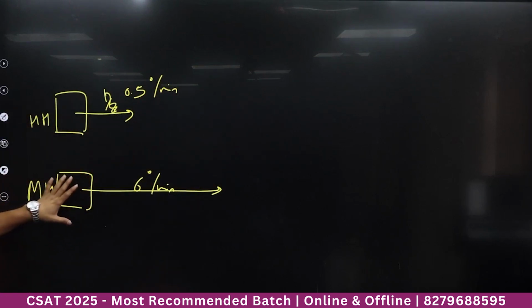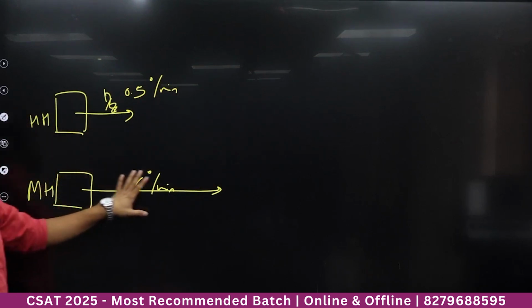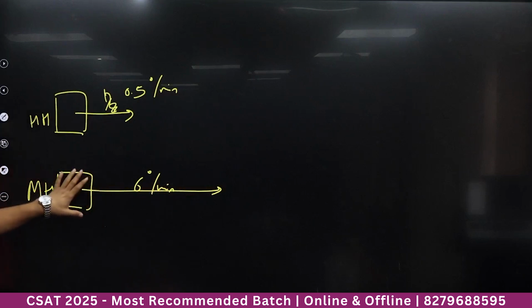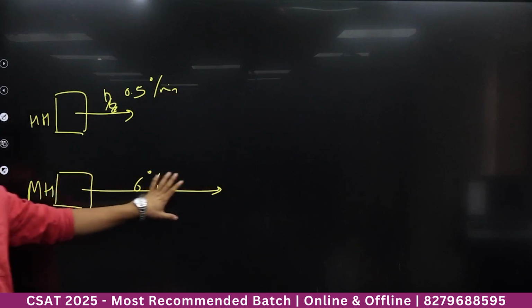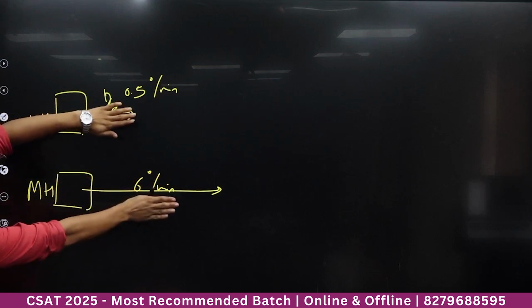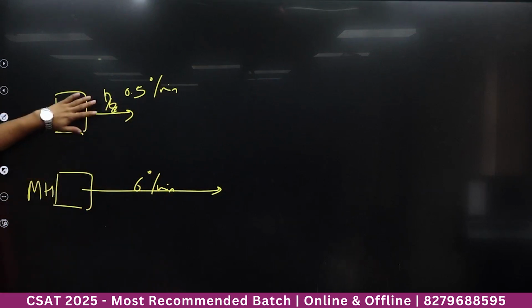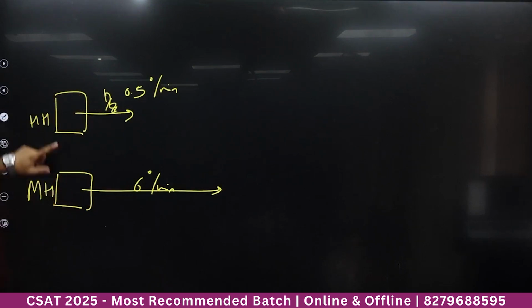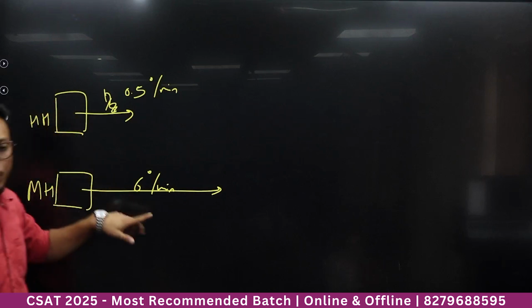Minute hand same, instead of saying it is moving with 6 kilometers per hour, it is moving with 6 degrees per minute. Same concept. These two cars are moving. This is the faster one, this is the slower one. If I observe this car sitting in this car, if I observe minute hand sitting in the hour hand, what will I see?